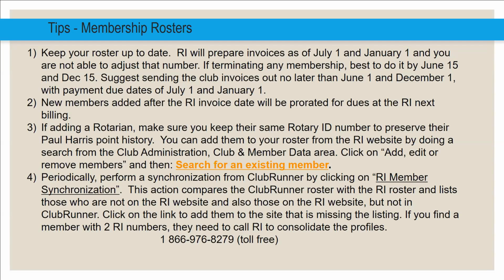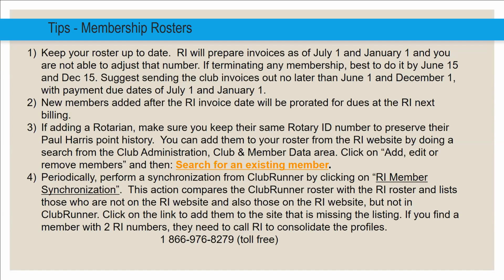So I would suggest sending out your club invoices around June 1st or December 1st, so that people have a chance to pay by July 1st or January 1st, or an opportunity to say, hey, change my type of membership, or they just need to resign.